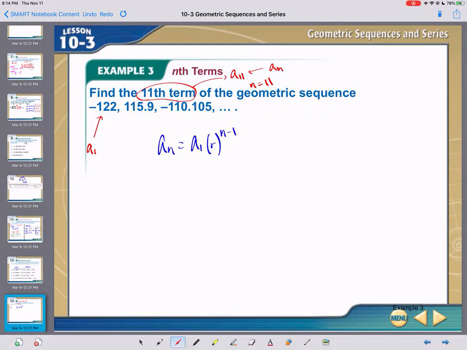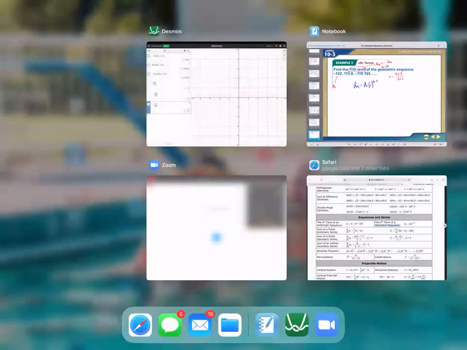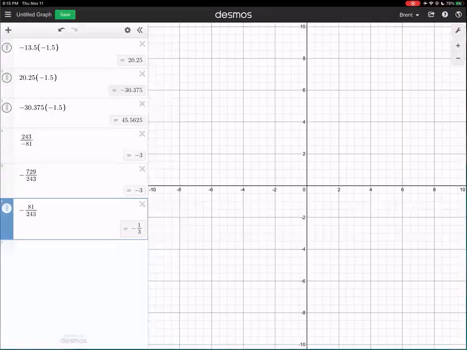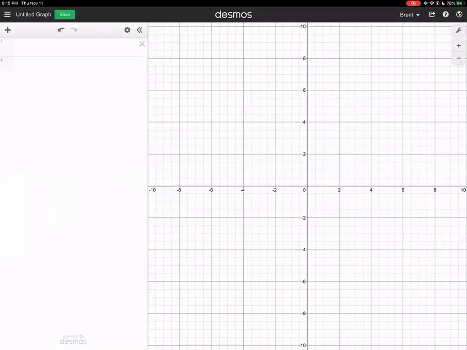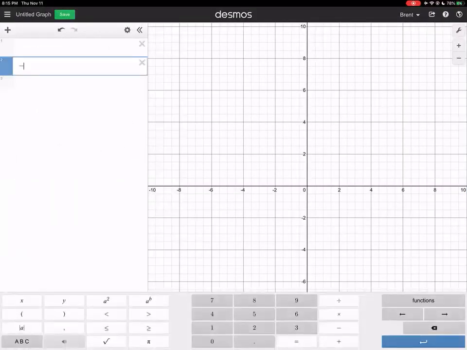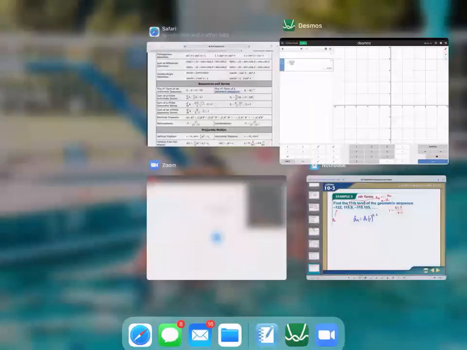We also need to find a ratio. So I'm going to take the second term, 115.9, and divide that by negative 122 to see what that value is. Calculator, let me clear off some of this. Negative 115.9 divided by 122, I believe were my numbers.